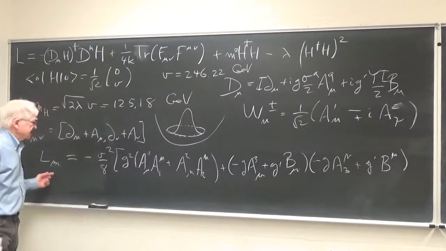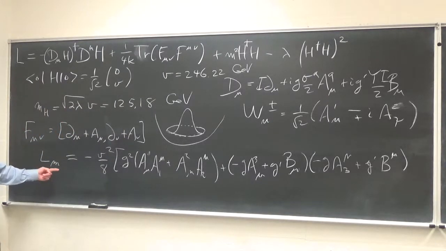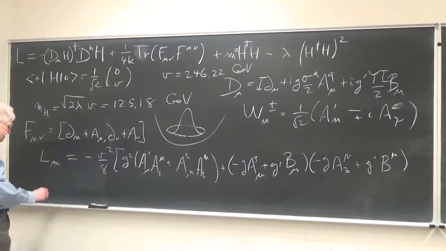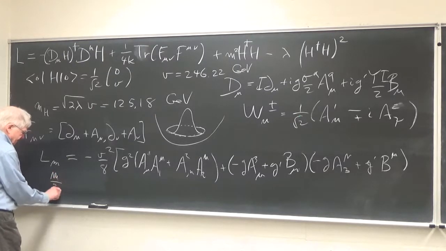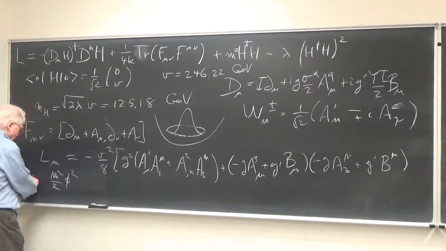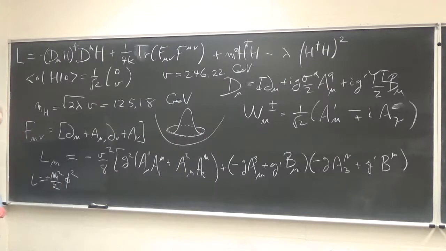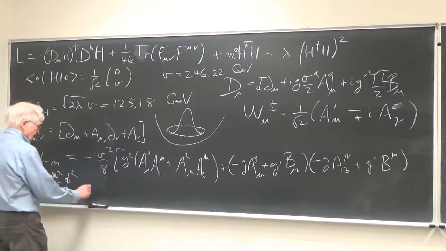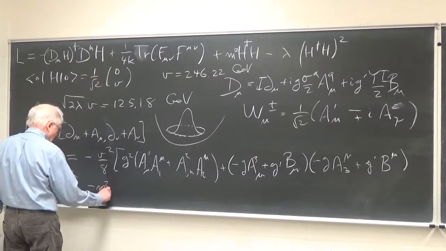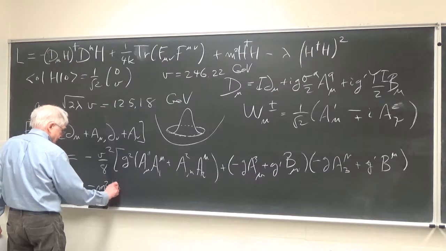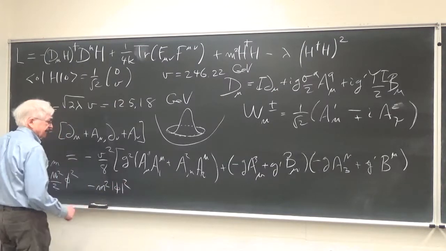And what you can see here is that these are mass terms. The canonical mass term for a single scalar field is L equals minus m squared over 2 times phi squared. This is a mass term for a scalar boson. For a complex boson, it's minus m squared phi squared, like that.